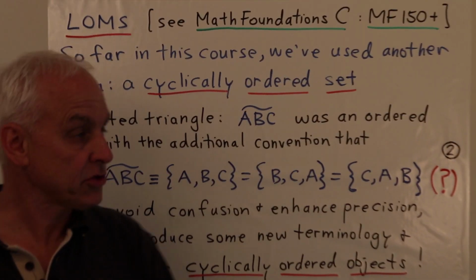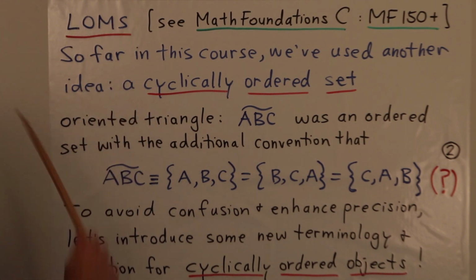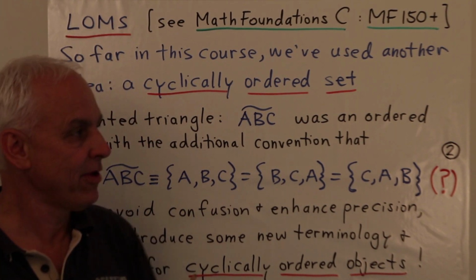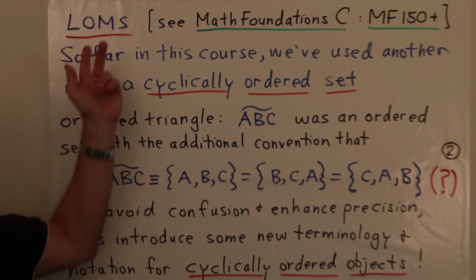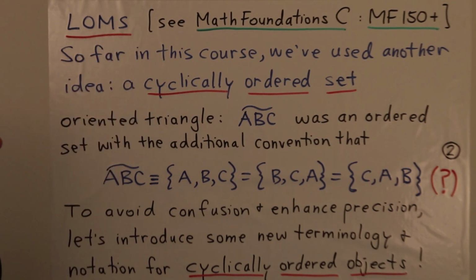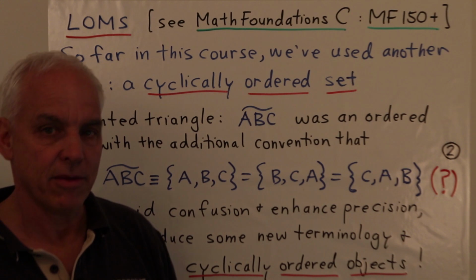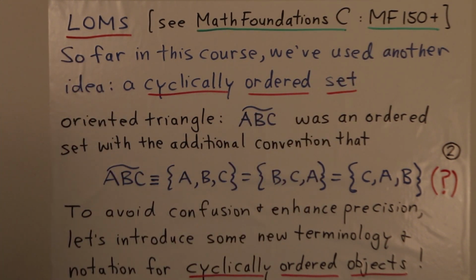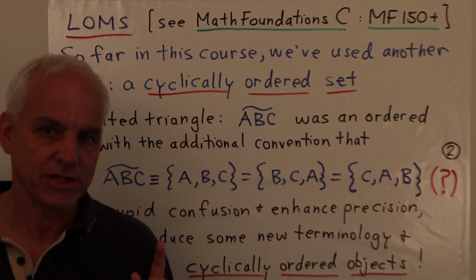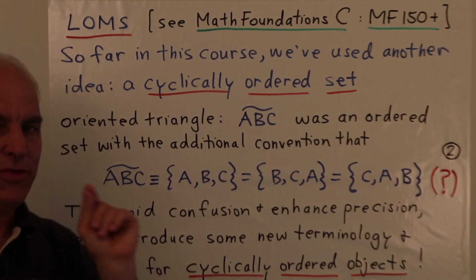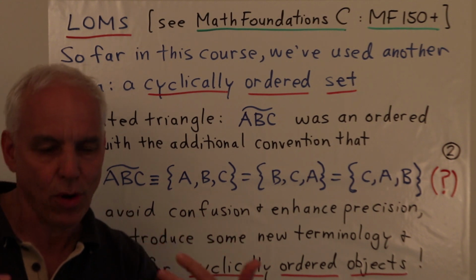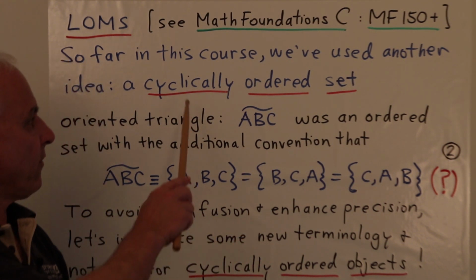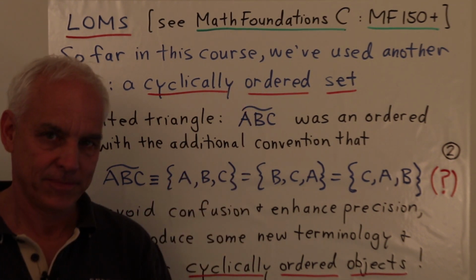So our four data structures are captured by this little acronym, LOMS: lists, ordered sets or osets, multisets or msets, and sets. They're discussed at quite some length in the Math Foundations series. So far in this course, though, we've actually used another type of organizational structure, that of a cyclically ordered set.